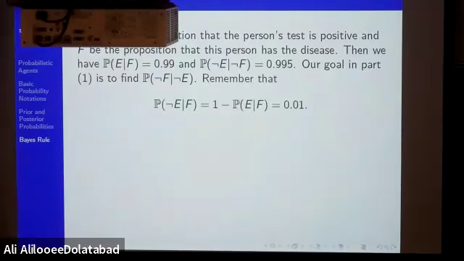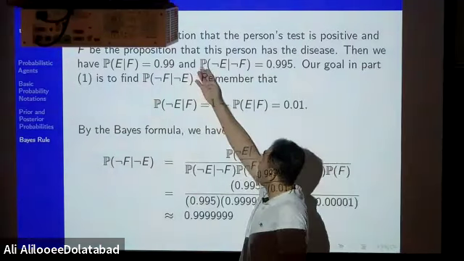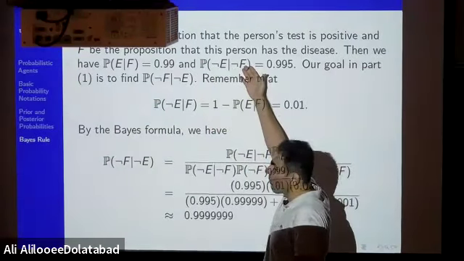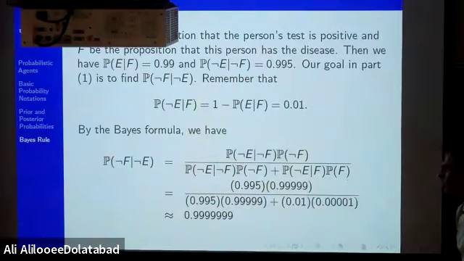For part 2, we want to find the probability of the case where the probability of negation of E given negation of F is given. I mean, we want to find this probability again. Bayes' rule can be used, and it's a very easy example.